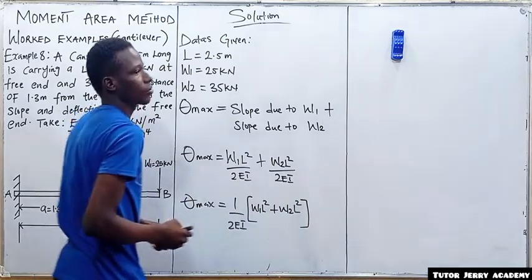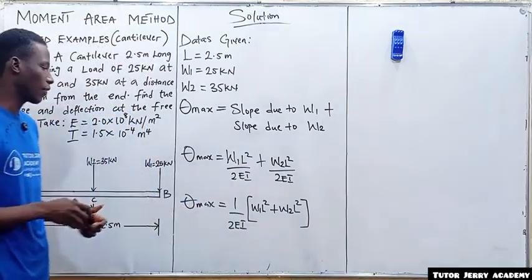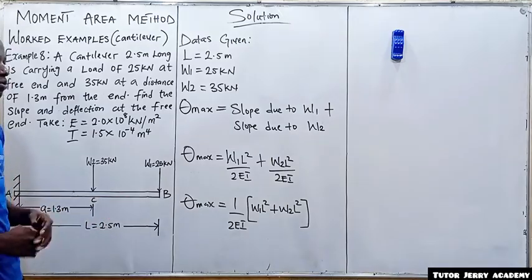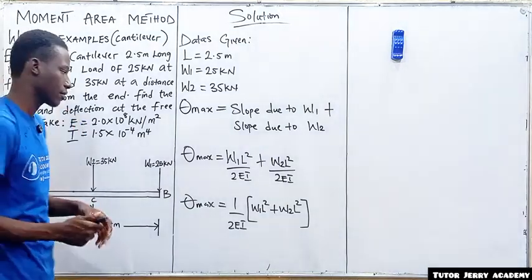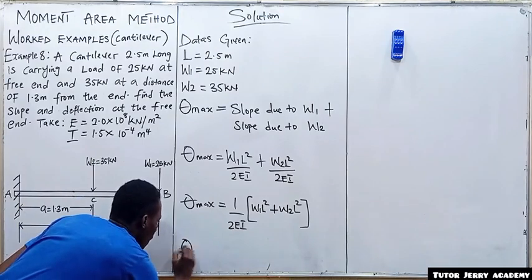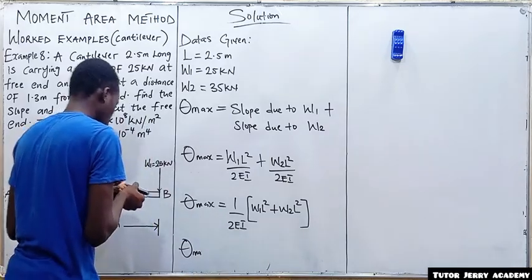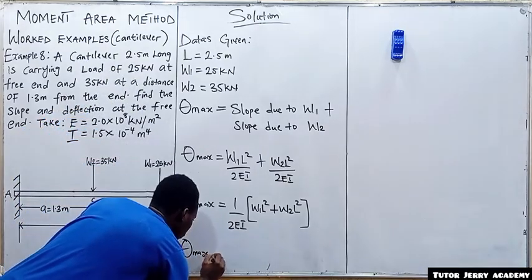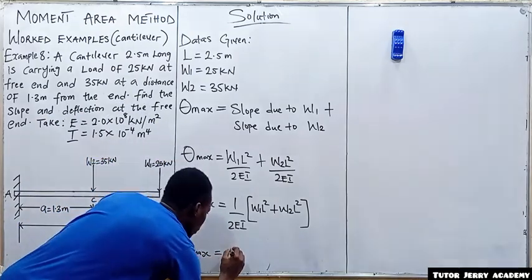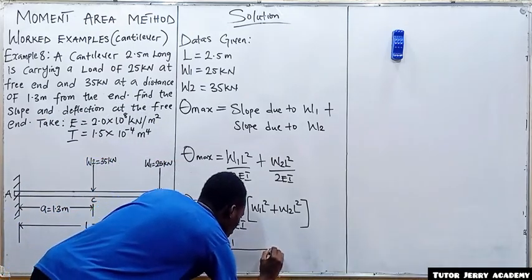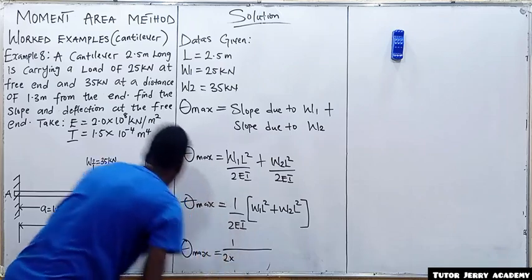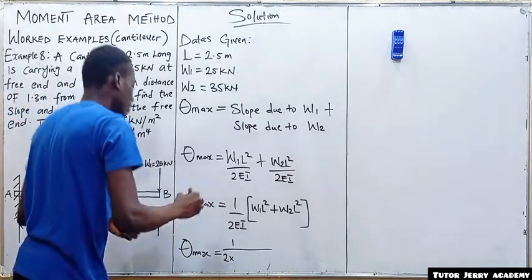So this is what we have. We can now substitute to get our theta max. So theta max will be equal to 1 all over 2 multiplied by our E, which is 2.0 times 10 to the power of 8.